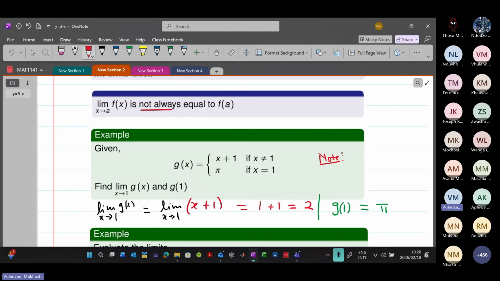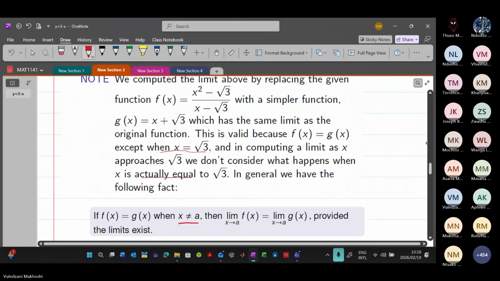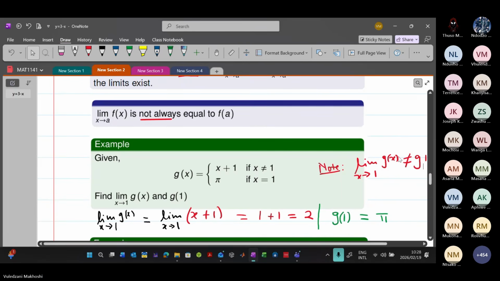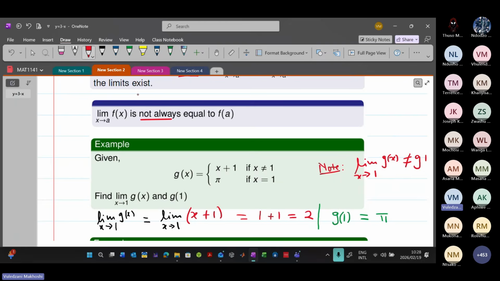You must note that the limit of g of x when x approaches 1, in this case, is not equal to g of 1.